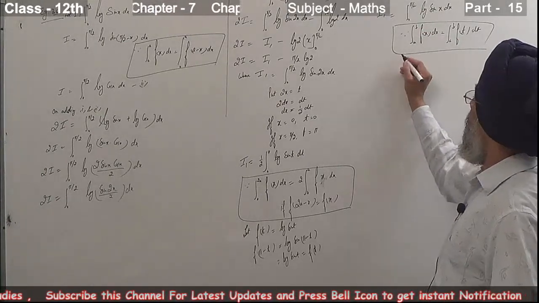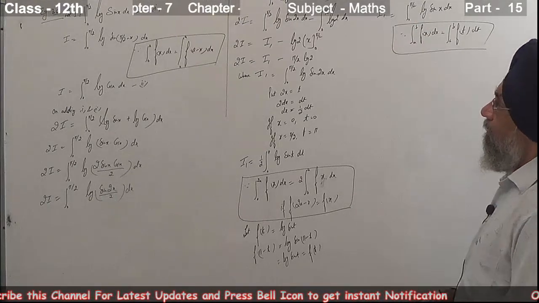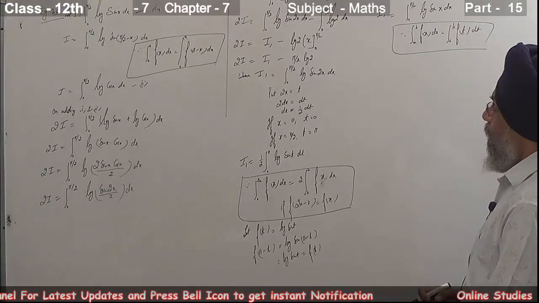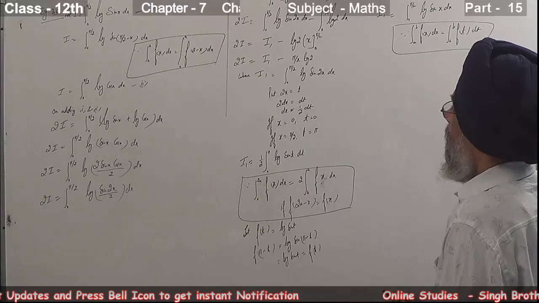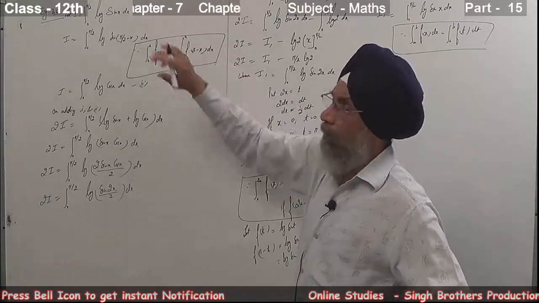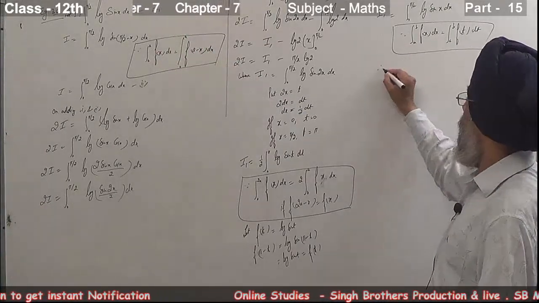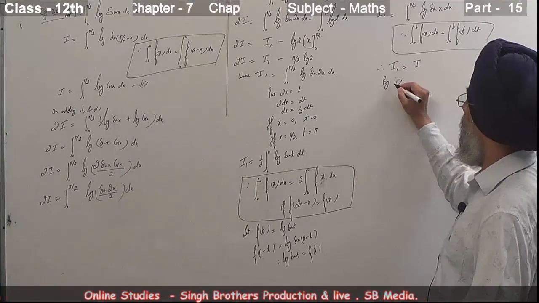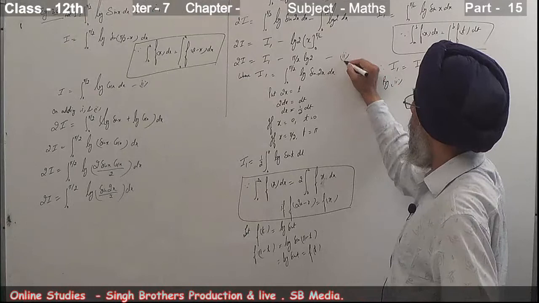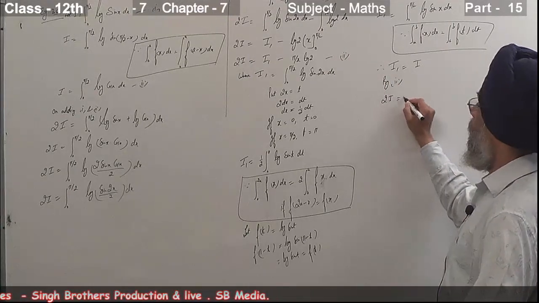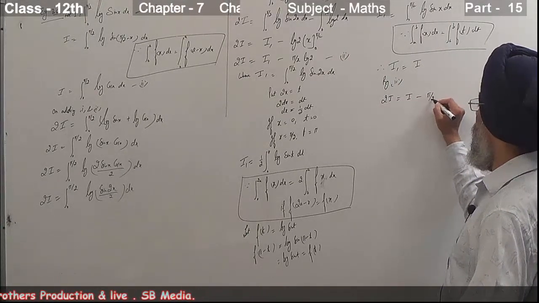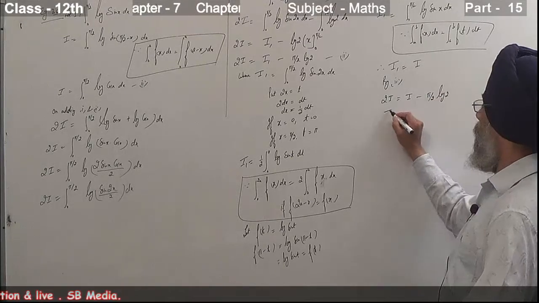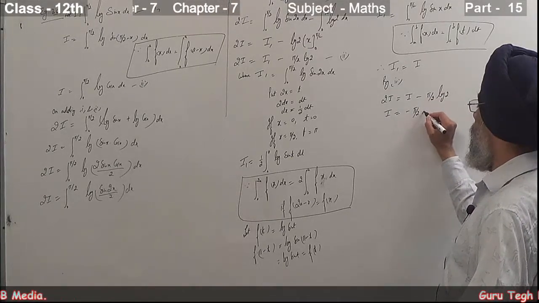So now the integral from 0 to pi by 2 of log sin x is the same as in the first part. Therefore, I1 is equal to I. So by the second, here we have to place the value. 2I is equal to I minus pi by 2 log of 2. I is equal to minus pi by 2 log 2.